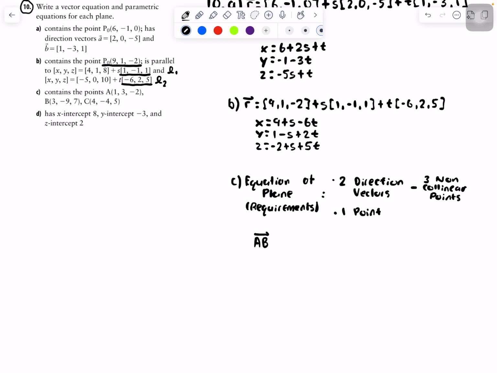So vector AB. Remember, this whole unit's about vectors. So if you're given points, can't really play around with points, right? And we need to form some vectors. So what do we do? B1 minus A1, B2 minus A2, B3 minus A3.